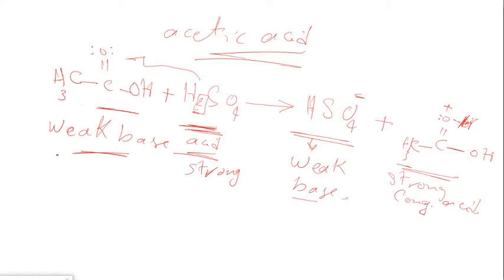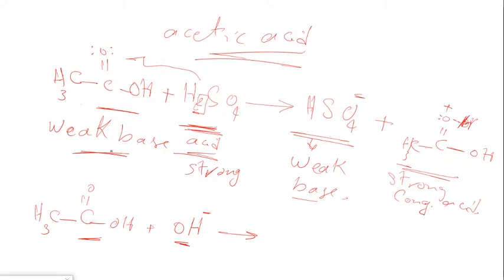Now, the other way for acetic acid to react is in the presence of a strong base. This strong base has a lot of OH- that will be given off inside the solution. So what will happen to the acetic acid?